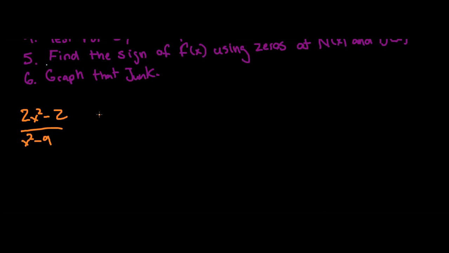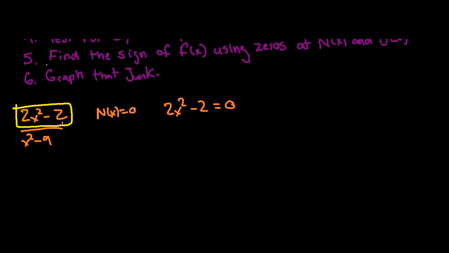So let's find when n of x is equal to 0. So we're going to worry about this top half. 2x squared minus 2 is equal to 0.